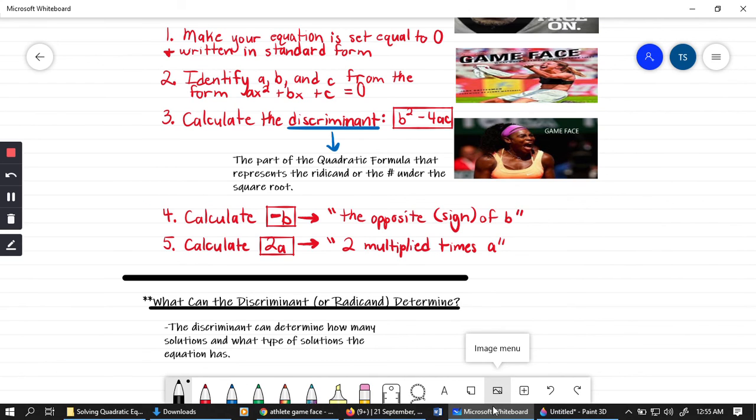And depending on which of those three it is, positive number, 0, or a negative number, it will help you to determine how many solutions and what type of solutions the equation has.